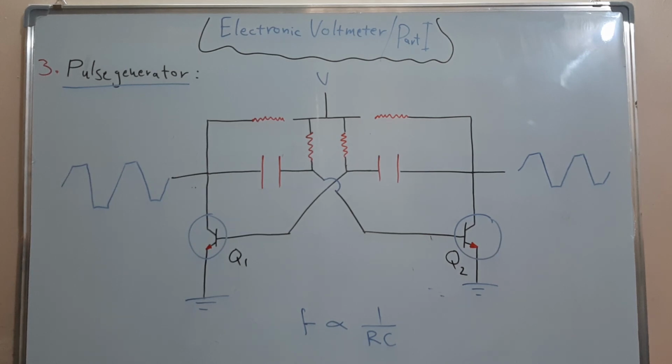The positive end of the voltage that operates it will be applied here, and the pulses can be taken either from this point or from this point. The principle of working is as simple as that. When one transistor is working, the other is not. The frequency of oscillations is inversely related to R multiplied by C.